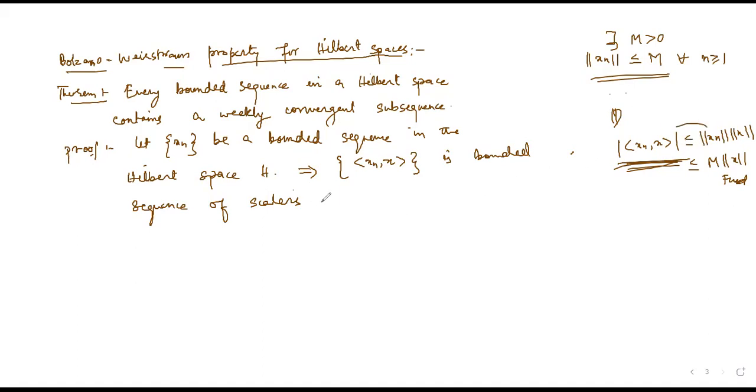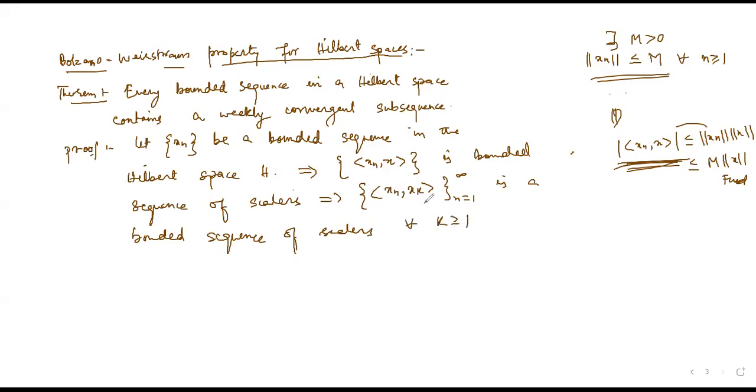So if I take xn and a fixed vector, x1, x2, x3 and so on, and let n run from 1 to infinity, <xn, xk> is a bounded sequence of scalars for all k greater than or equal to 1. Fix k, and it is a bounded sequence of scalars.